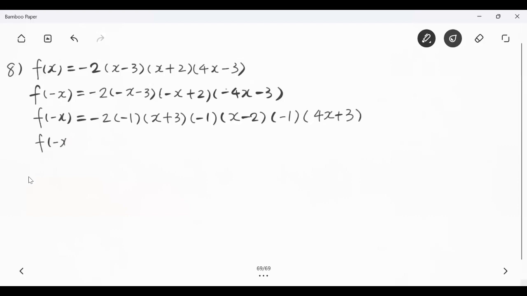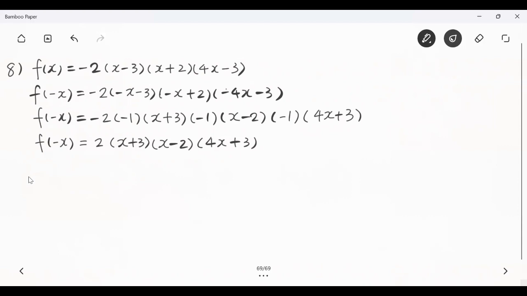So we check how many negatives. 1, 2, 3, 4. So it's positive, right? So it's 2 times (x plus 3) times (x minus 2) times (4x plus 3). And compare the last function with the original function. We find the front is negative, it's positive.